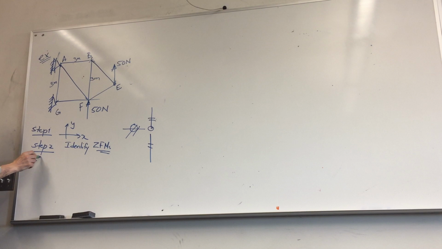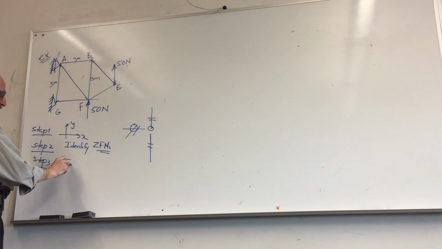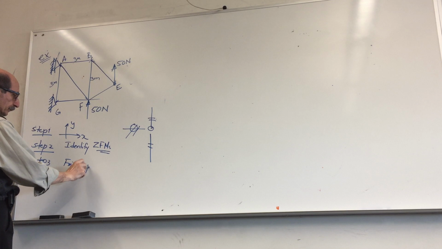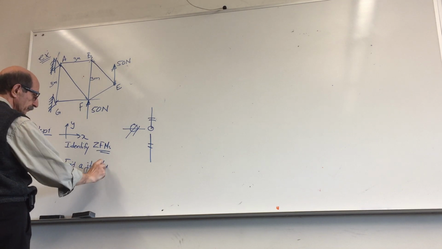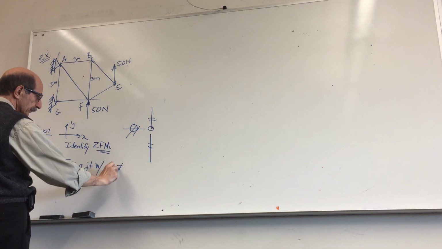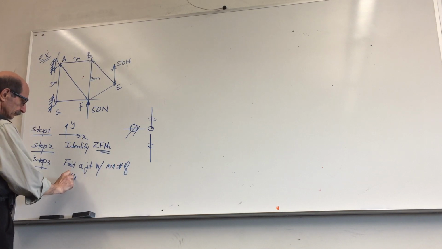So step 3 was what? The ones with the least amount. Identify the joint with the minimum number of unknowns.